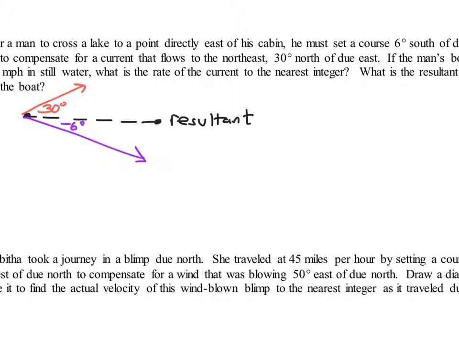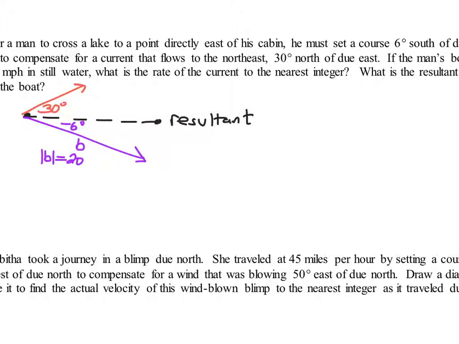So the magnitude of his boat, and I'm going to call this vector B for boat, the magnitude of B is 20, because that's the amount of propulsion the boat is offering. Whether it will actually amount to 20 miles an hour is a different story, but he's applying 20 miles an hour worth of force.